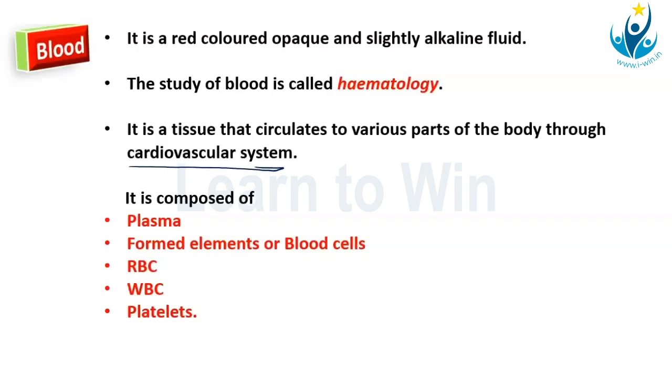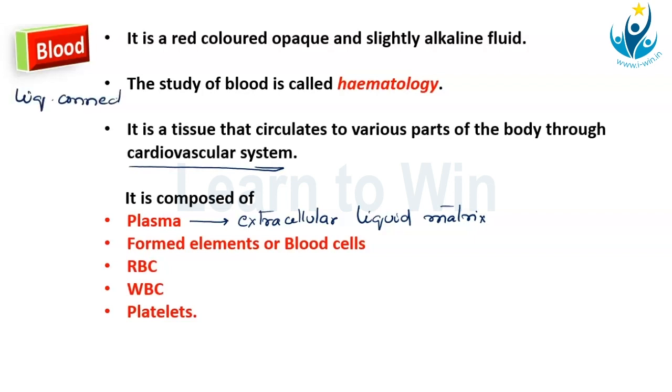In fact, the entire matrix of the blood is made up of this plasma. So plasma is called the extracellular liquid matrix in which the various cells are there. See, blood is actually called a tissue. It is a liquid connective tissue.